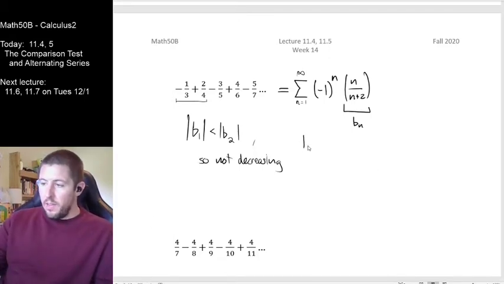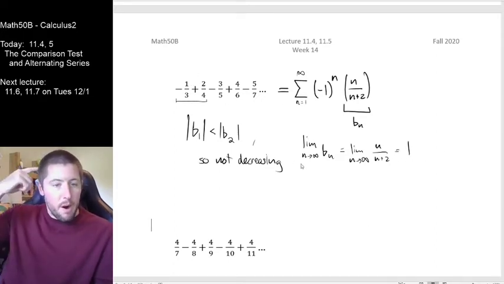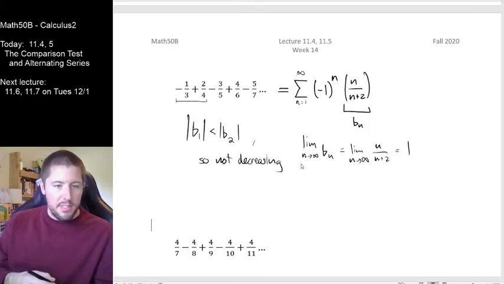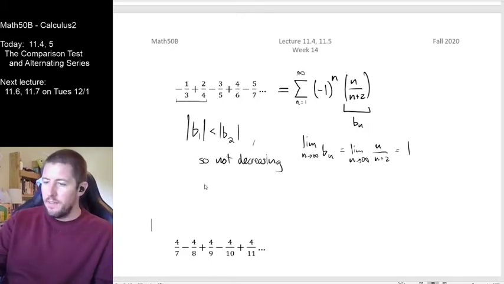And the other thing I know is that the limit as n goes to infinity of b sub n, I can see this here. It's the limit as n goes to infinity of n over n plus 2. I can see what this is getting close to right here. It's getting close to 1. So both parts, we failed both of the hypotheses of the alternating series test.